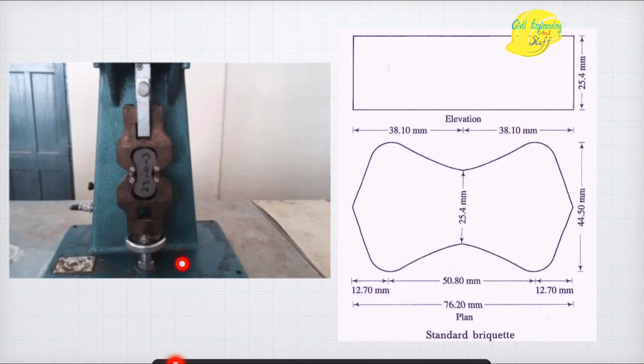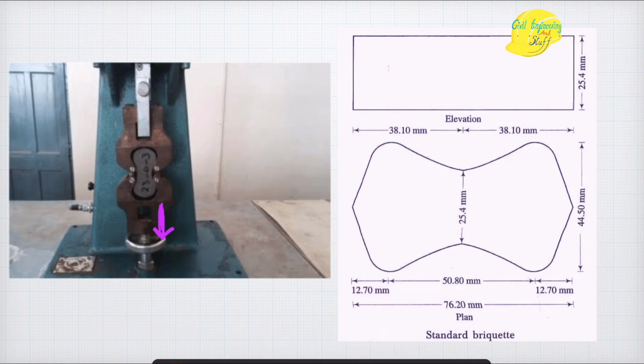This is the tensile strength testing assembly. Basically what happens here is that this briquette is gripped from both sides of the testing assembly, and then a force is applied. Depending upon the manufacturer and the type of equipment used, one of the sides moves down, so suppose this starts to move down while the upper part remains stationary.